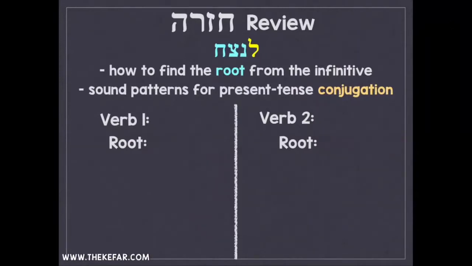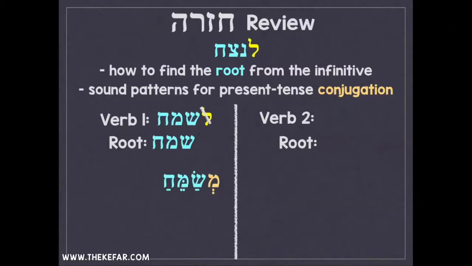So your first practice verb was lesameach, which is to please or to make happy. As you can see, once we get rid of that initial lamed, we have the last letter of our root as a chet, simeach, sin mem chet. So with the present tense masculine singular, all you're doing is replacing the lamed in the infinitive with a mem.